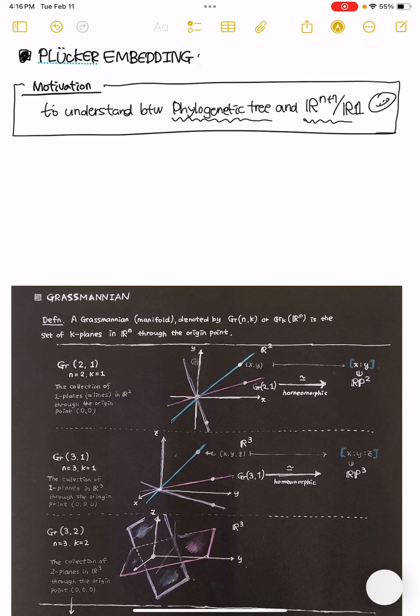Now, to understand the relation between a phylogenetic tree and the tropical projective torus, we should know the Plücker relation.